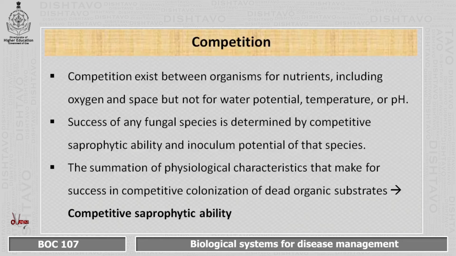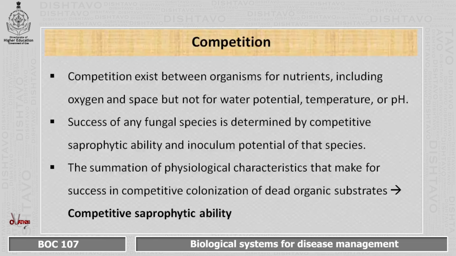Competition exists between organisms for nutrients including oxygen and space, but not for water potential, temperature or pH. The success of a fungal species is determined by the competitive saprophytic ability and inoculum potential of that species.